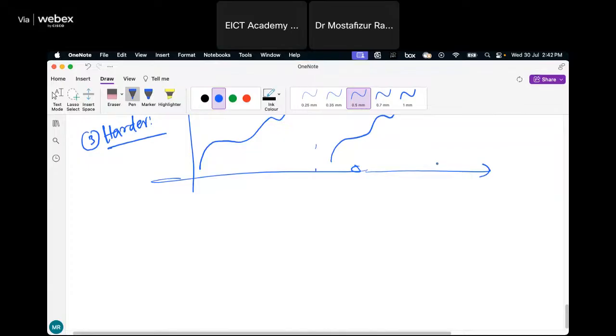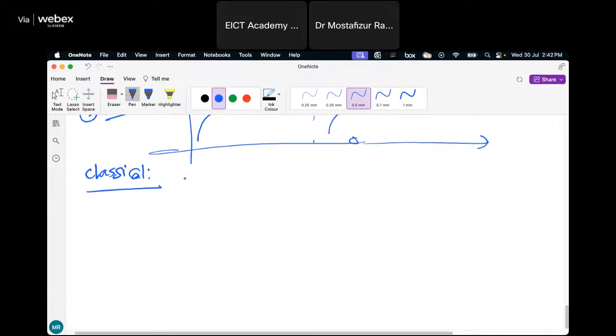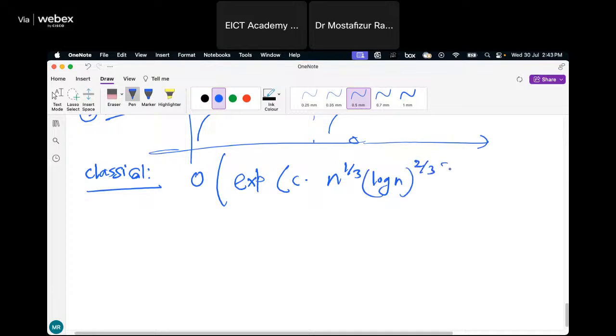And how challenging is this? Classically, if you want to calculate the period of a function, it is order of e to the power some constant times n to the power 1/3 log n to the power 2/3. Okay, so this is the classical complexity.